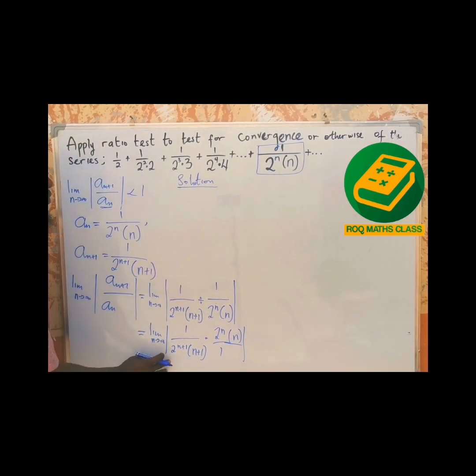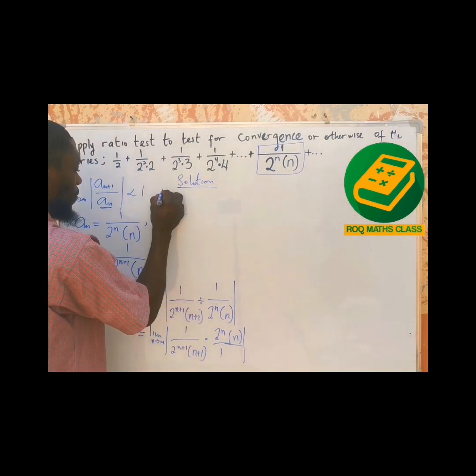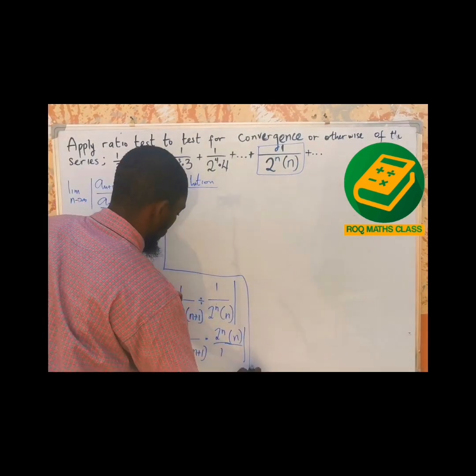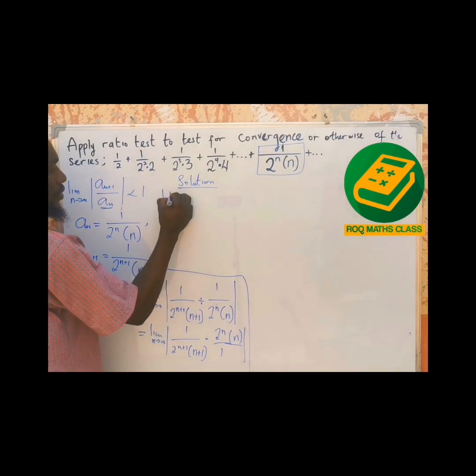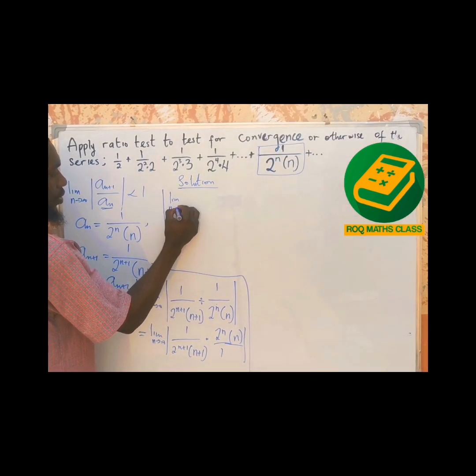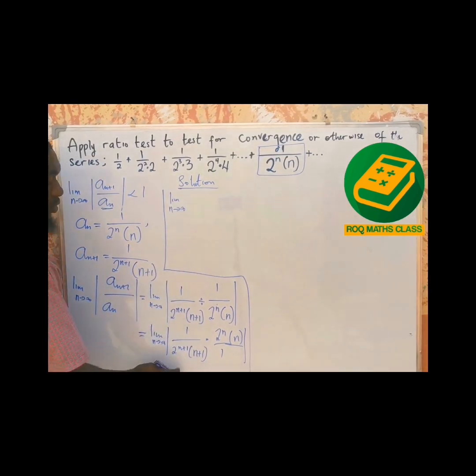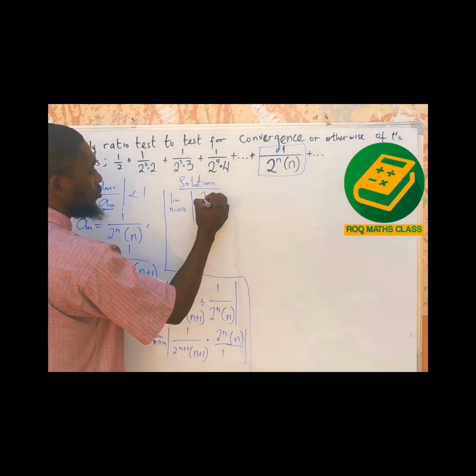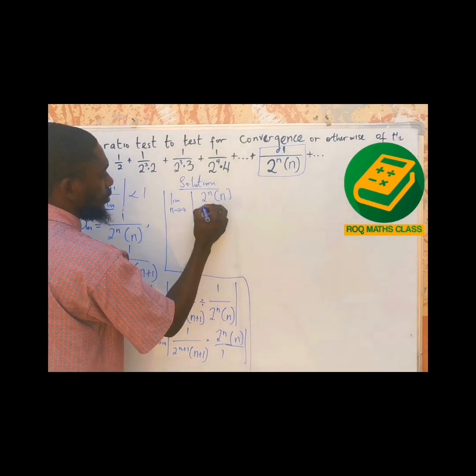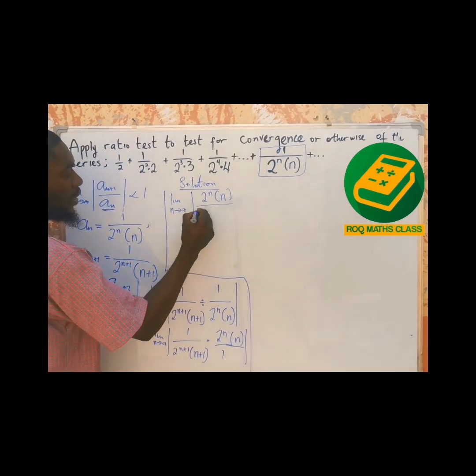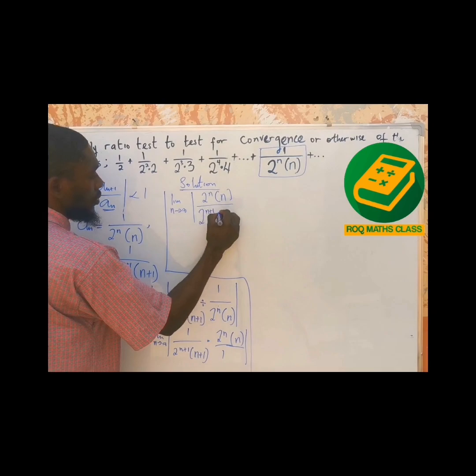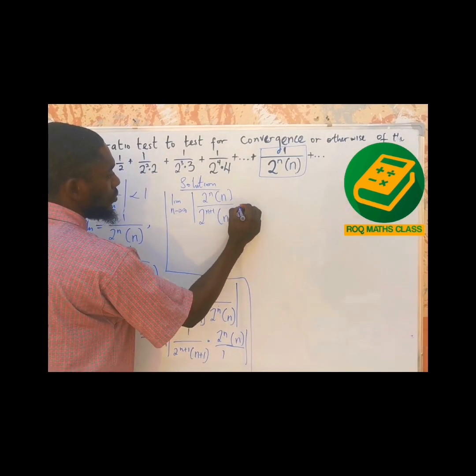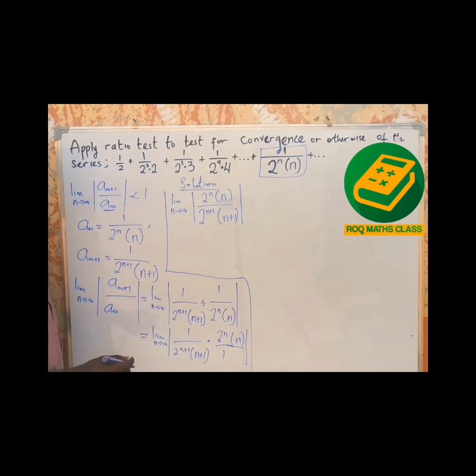So this is what I have. From here, this is the same thing as the limit as n approaches infinity of 1 times 2 to the n into the bracket of n, all over 1 times 2 raised to the power of n plus 1 into the bracket of n plus 1, to the absolute.